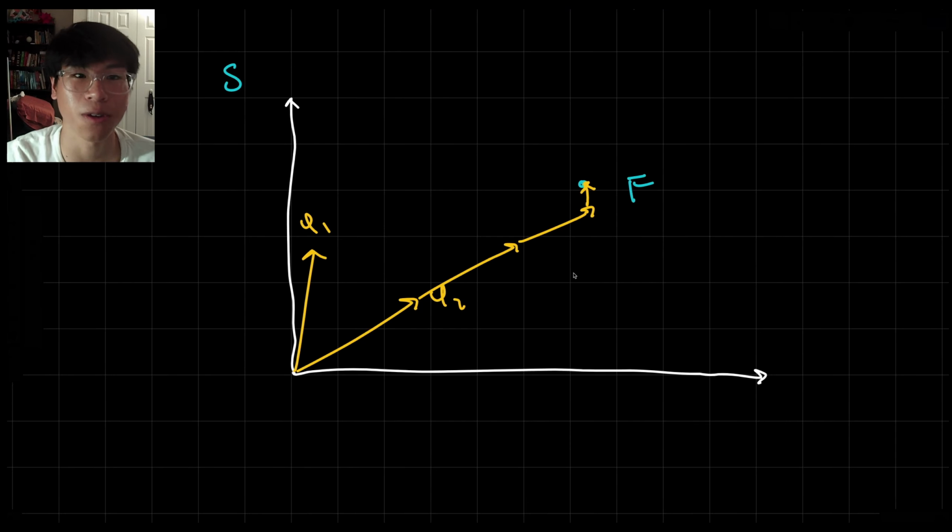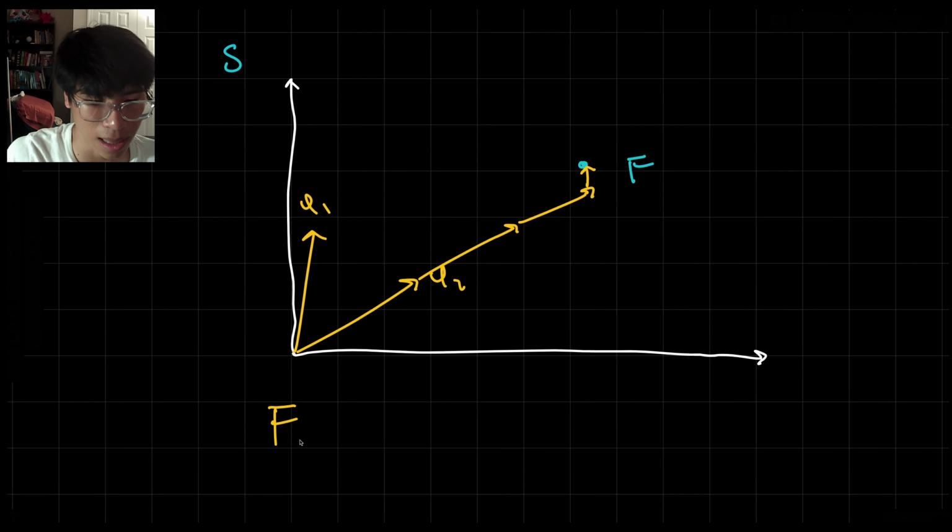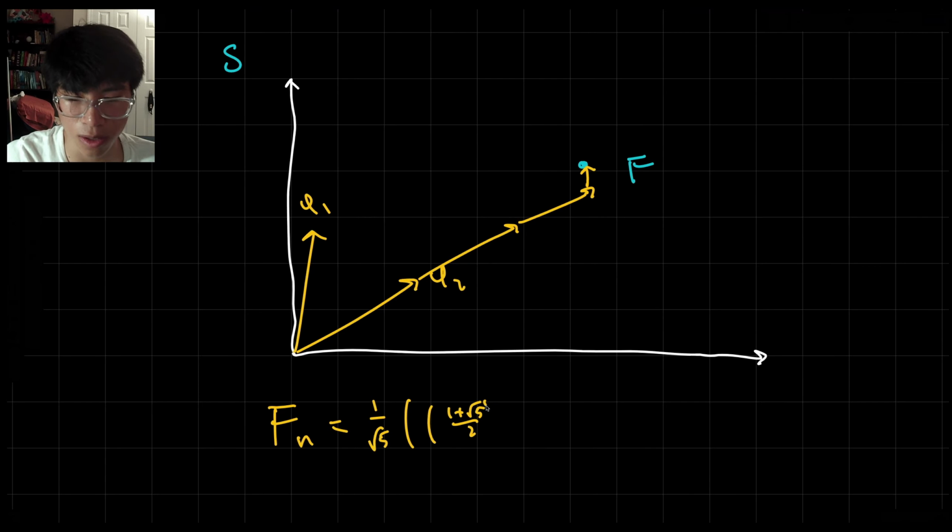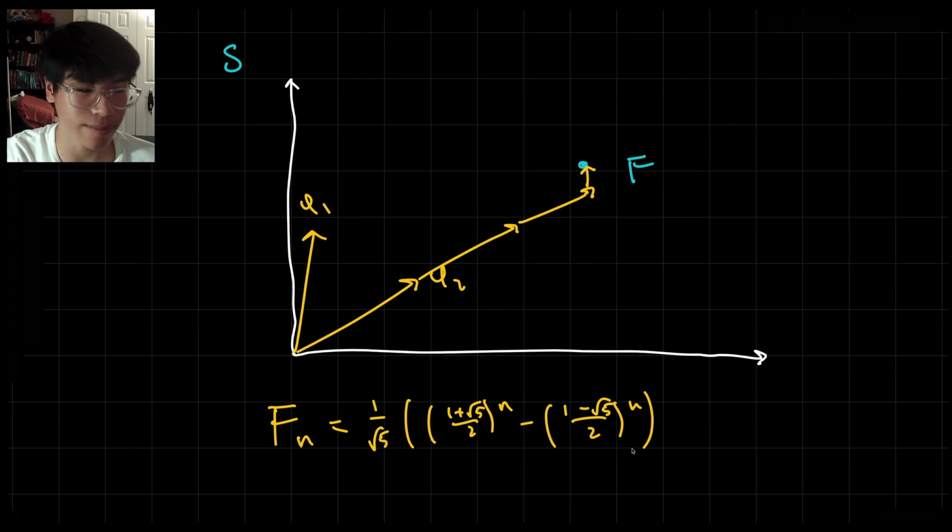That exact solution, using these basic vectors, which were geometric sequences, was precisely the closed form that we found. Simply that the nth Fibonacci number is equal to 1 over the square root of 5 times ((1 plus the square root of 5) divided by 2) to the n minus ((1 minus the square root of 5) divided by 2) to the n.